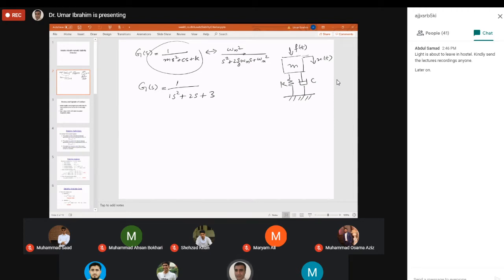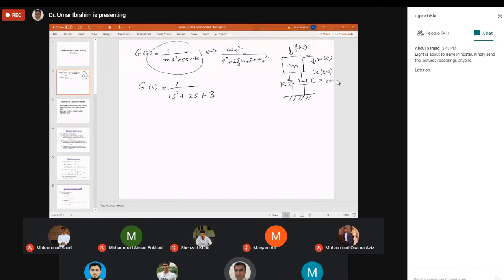Like, let's say we give it a small initial displacement, x of t equal to 0 equal to 1 centimeter. A very small initial displacement. So I just press the mass down about 1 centimeter and then let it go.